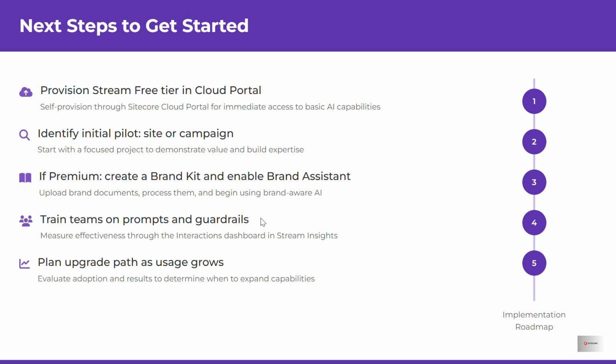Then use it within your application. So these are the things you need to get started with Stream. Now let's go to the cloud portal and see a demo on how to integrate or enable it into the XP.